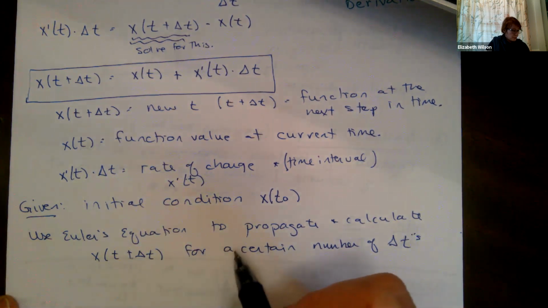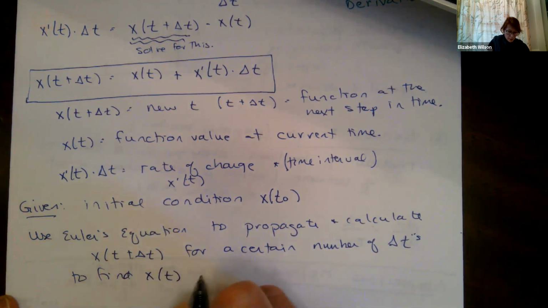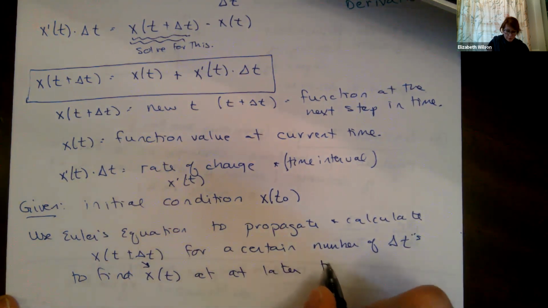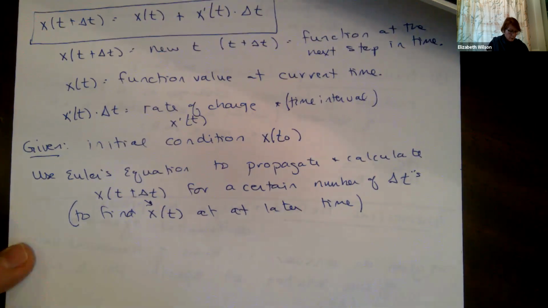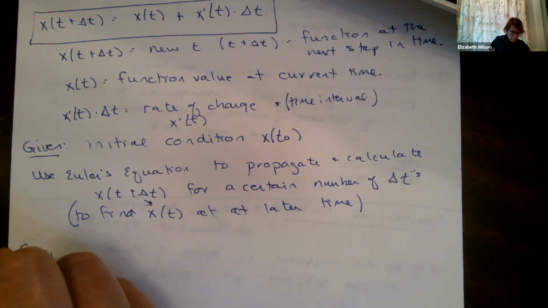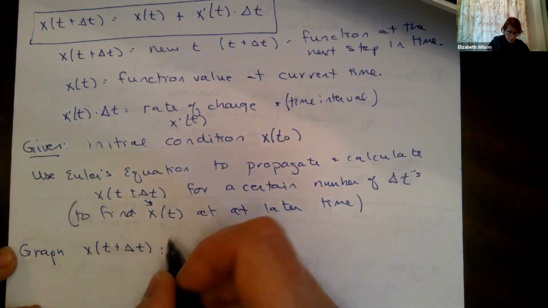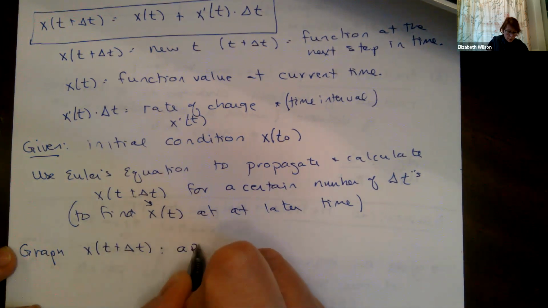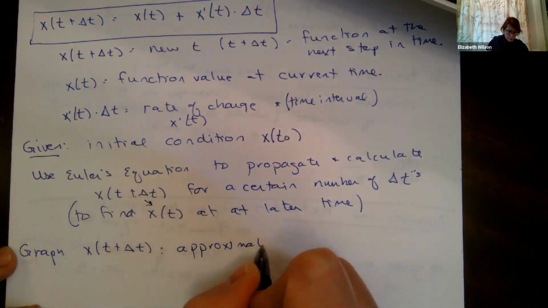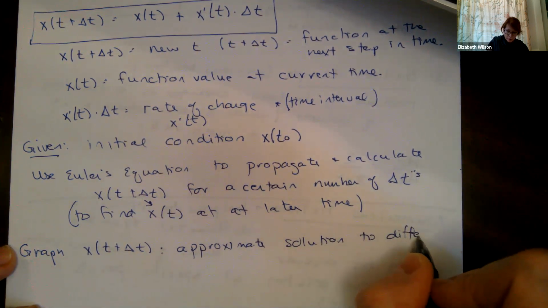Now, to find x of t at a later time, that's what this is. X of t plus delta t is x of t at a later time. So we can graph this, graph x of t plus delta t, our answer. What that will mean is that when we graph this Euler's equation, it's going to be an approximate solution to our differential equation.